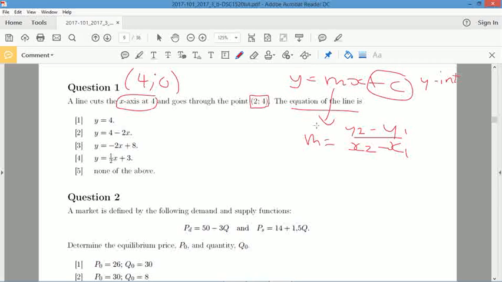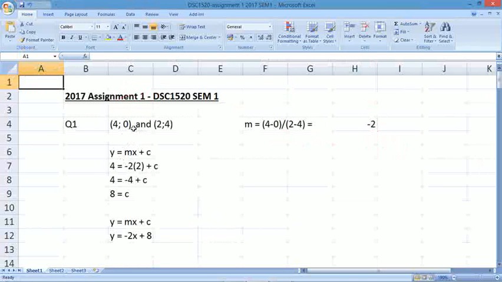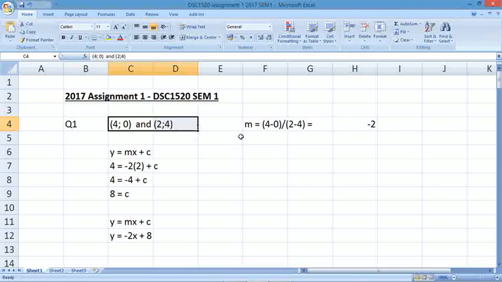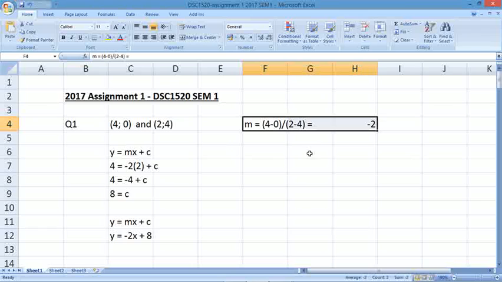So now I'm going to substitute points into m to work out the m, then work out the c, and then I'll have the equation y equals mx plus c. To show you the working, those are the 2 points. If I substitute those values into the equation to work out m, I get an m of minus 2.